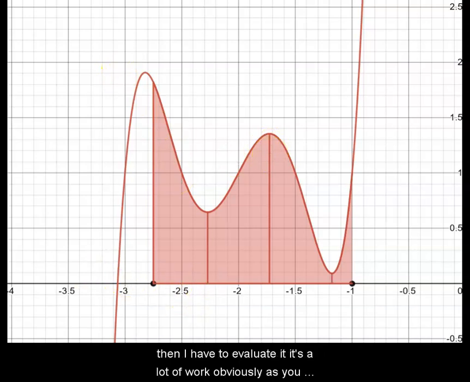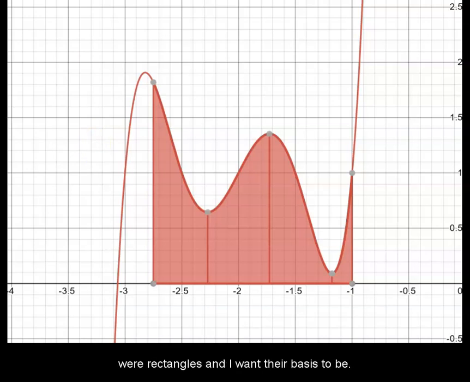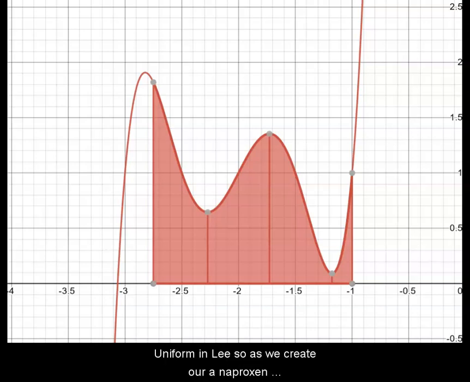Obviously, as you see, these bottom spaces here are not equally defined, right? They're not equal distance apart. They have weird values, so it's nicer if I can just do this with rectangles that are all uniform, because then I can use a very simplified formula in order to do this, which is why we're using rectangles, and I want their bases to be uniform in length.